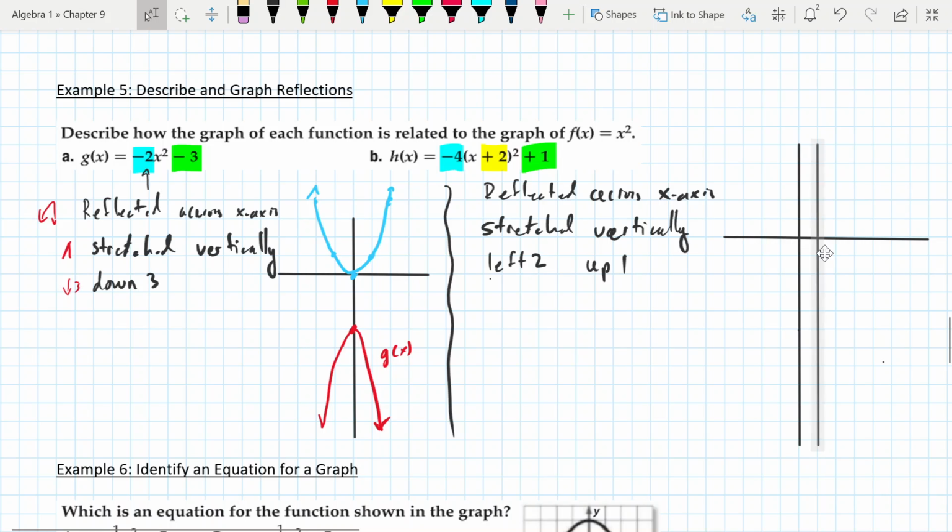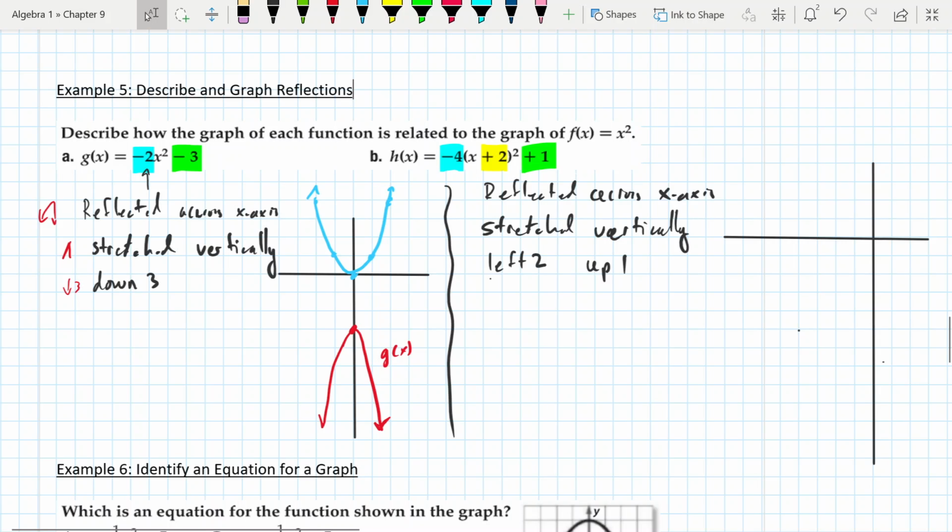Now, I also want to have space to the left because I know the graph gets shifted to the left. So normally the vertex is at 0, 0, but it's going to move left 2 and up 1. There's my new vertex. And I know it's going to go down, and I know it's going to be very narrow. So I draw it down and very narrow.